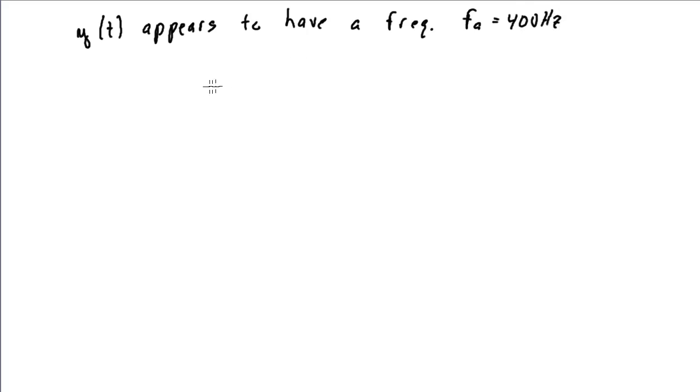As a matter of fact, all continuous time signals will appear to have frequencies that are in the range minus Fs over 2 less than Fa less than Fs over 2. So in the previous example, we were using a sample rate of 1000 hertz.